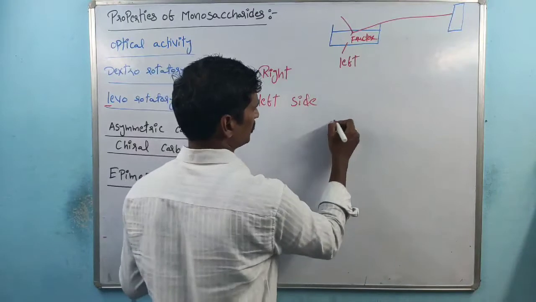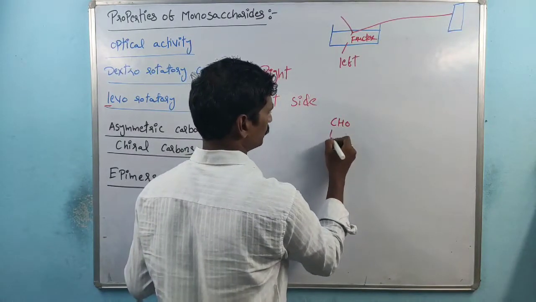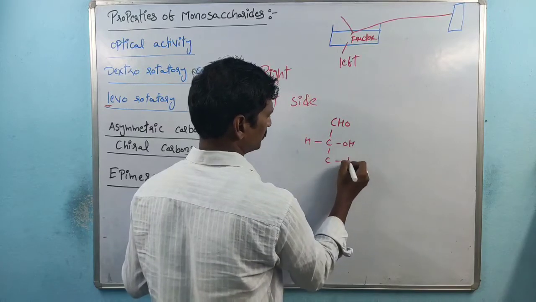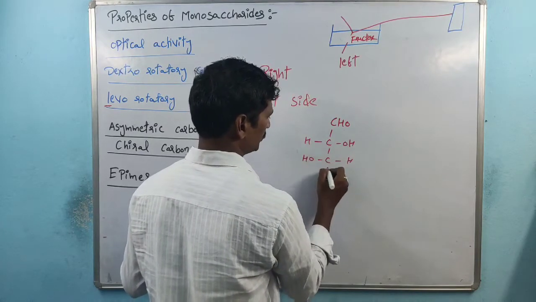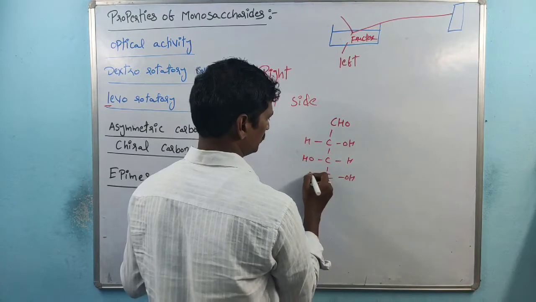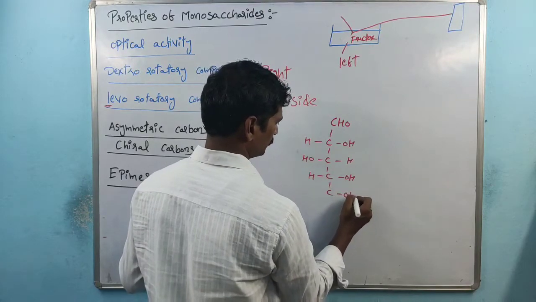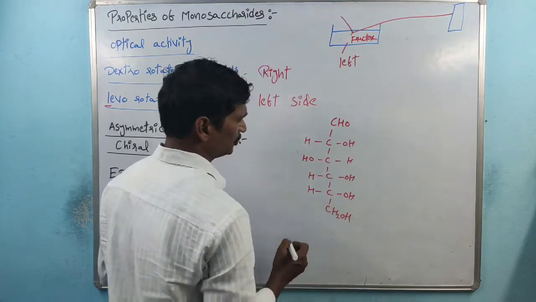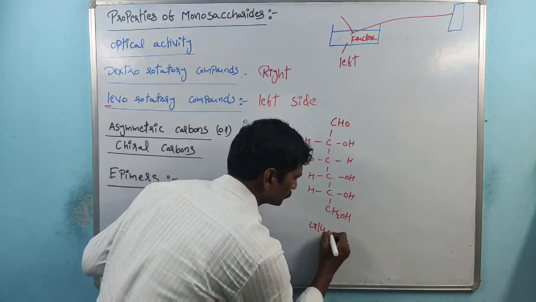This is one of the glucose structures: CHO, then OH, H, H, OH, OH, H, OH, H, and CH2OH. So this is the structure of glucose.